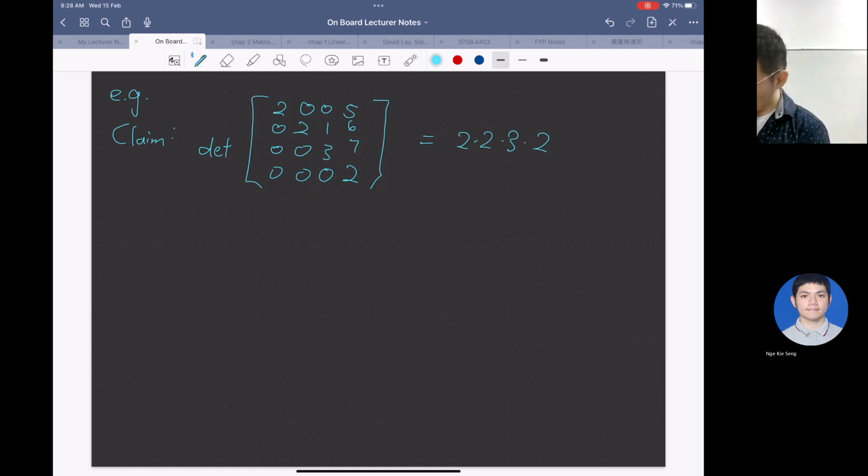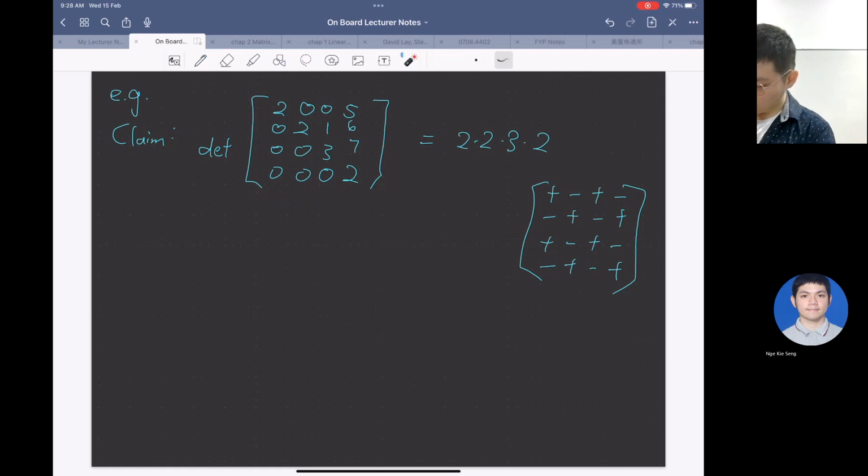Before that, let us put the grid on first so that we know what sign to put on every cofactor. We always start with a plus because it's even. So plus, minus, and then alternate. After that, minus, plus, and then plus, minus, plus, minus, plus. So these are the coefficients you have.